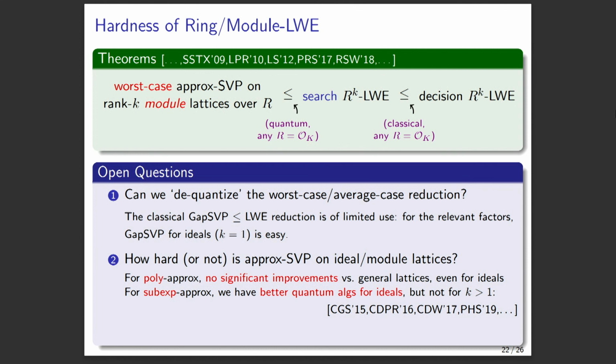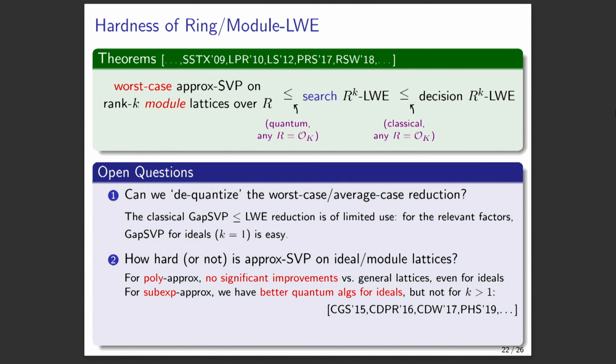So for these small polynomial approximation factors, there's not really any known difference between the two problems. But if you relax your approximation to sub-exponential, like 2 to the root n, now we actually do have better quantum algorithms. We can solve that in quantum polynomial time, at least for certain rings.